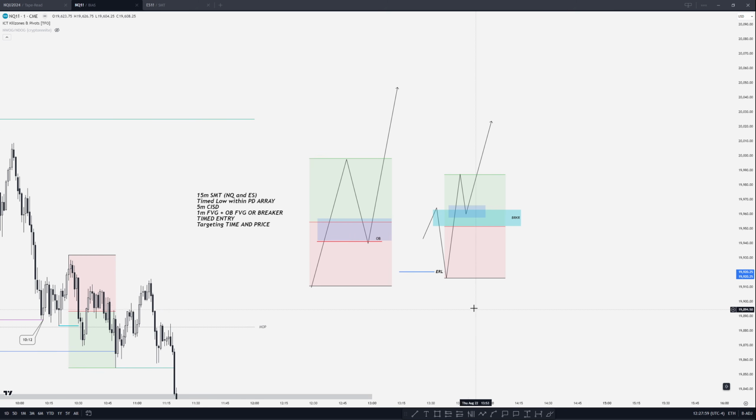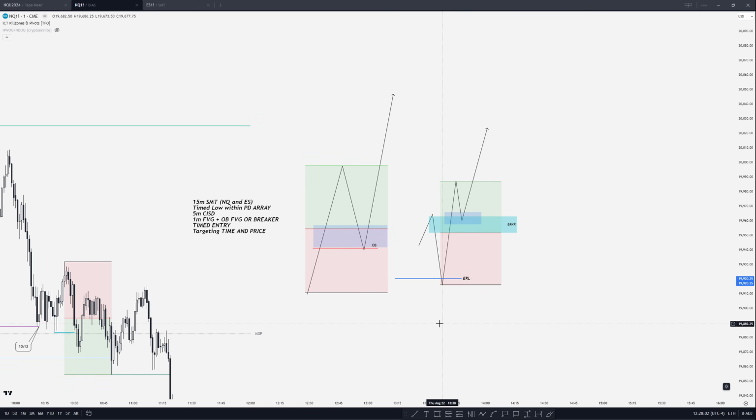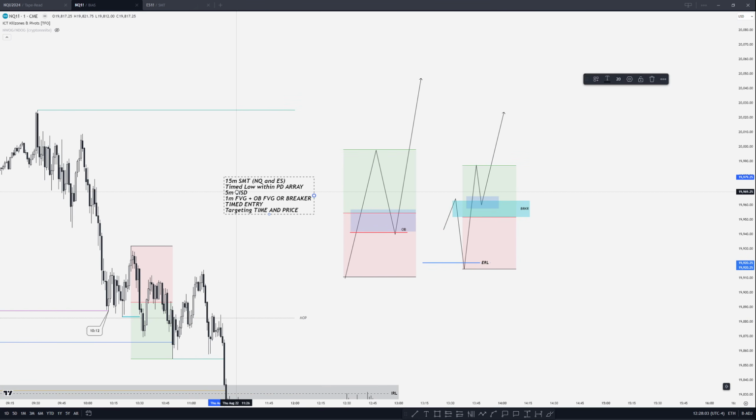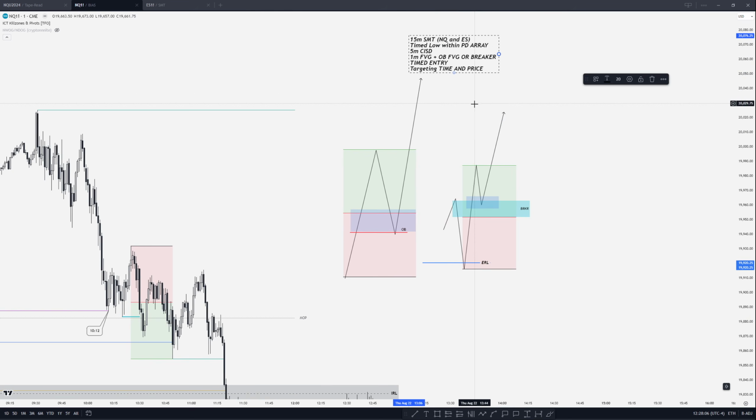I don't like missing entries that are within my model because I'm looking at a higher time frame. So these two for me are good enough because I'm not just using this as the entry. This is the easiest thing. Everything else is the hardest part, and focusing on entries is going to be the wrong way to look at it.